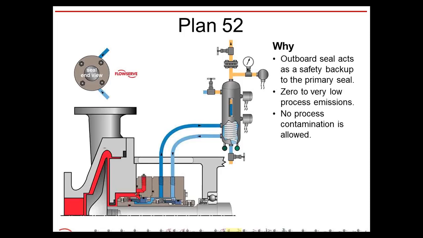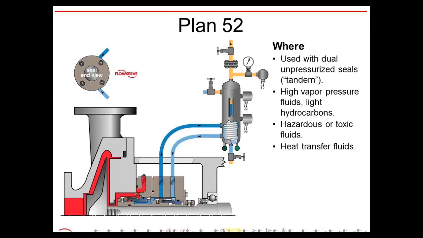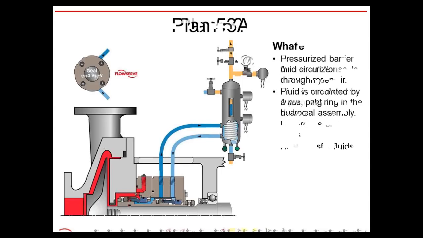Because once you get a VOC failure, you have a certain time frame before you have to shut the pump down and repair it. So it can be advantageous by going to some of these dual seals with flush systems. Again, used with light hydrocarbons, hazardous or toxic fluids, and of course with some heat transfer fluids.